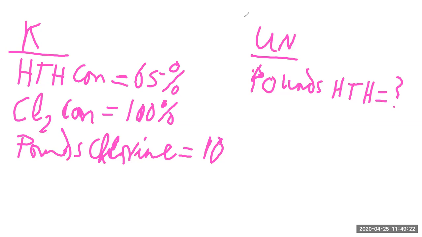The HTH we want to find, and they give a percentage, you have to divide. But you have to bring the percentage to a decimal. 65% is 0.65. So it's 10 divided by 0.65. And remember the 0.65, this is available free chlorine.